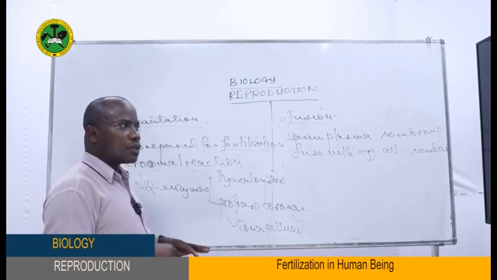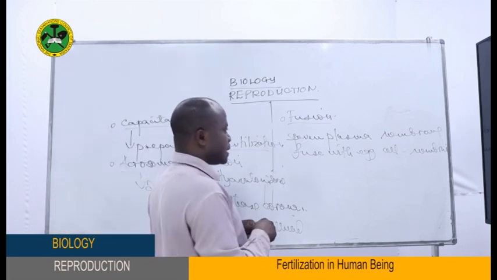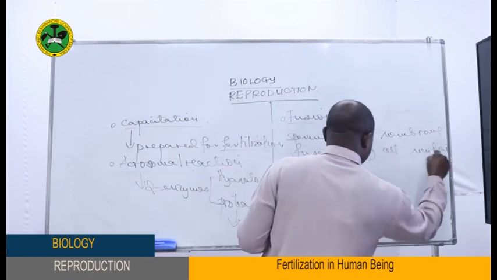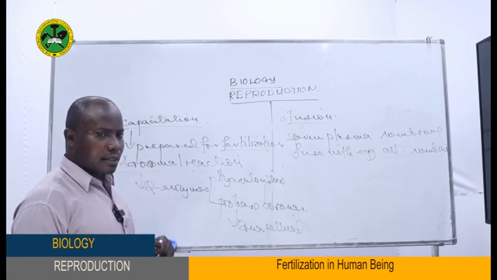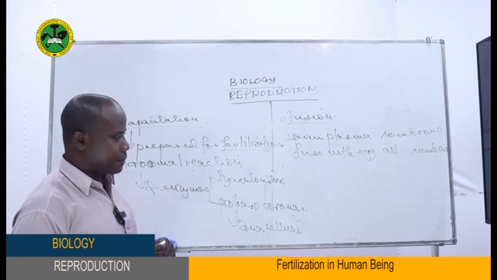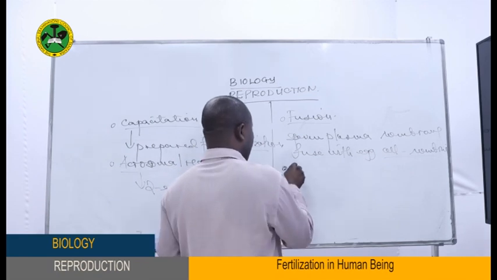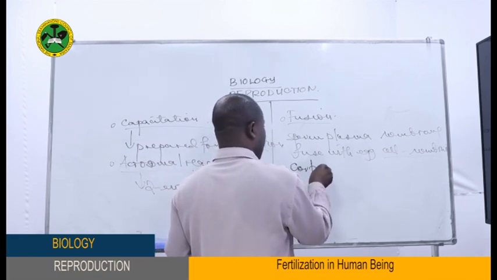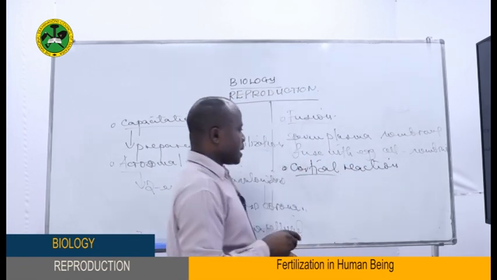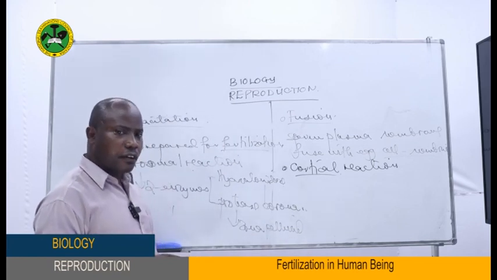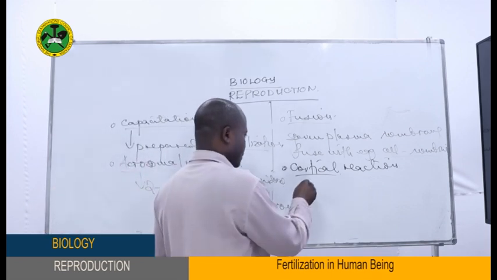It has entered all the way through the zona pellucida and the corona radiata, and finally, it meets the cell membrane of the egg cell. This is the third process. After that, the next process is the cortical reaction. Here, the fertilization membrane is formed to prevent more than one sperm from entering the egg cell.